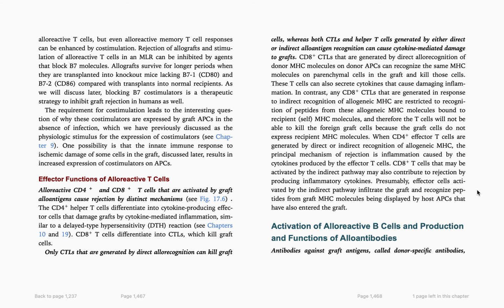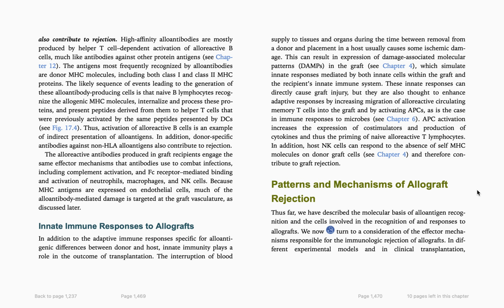Activation of alloreactive B cells and production and function of alloantibodies. Antibodies against graft antigens, called donor-specific antibodies, also contribute to rejection. High-affinity alloantibodies are mostly produced by helper T cell-dependent activation of alloreactive B cells, much like antibodies against other protein antigens. The antigens most frequently recognized by alloantibodies are donor MHC molecules, including both class 1 and class 2 MHC proteins.